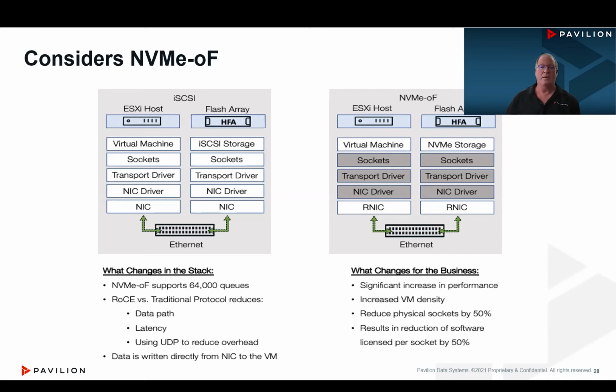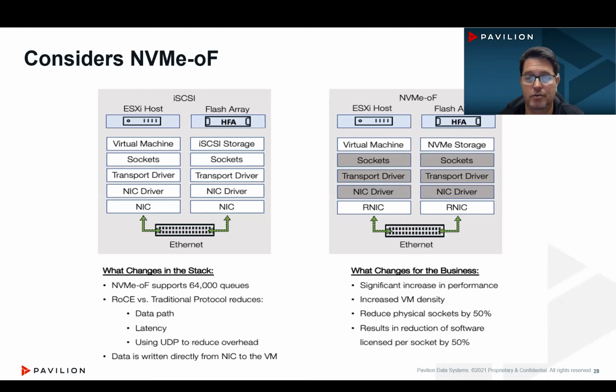And basically that comes from this picture on the right, which is I've removed 6 steps in the data movement protocol. So what happens? Better performance, increased VM density, reduction in physical sockets needed, and ultimately for this shop, they reduced the amount of software that was required.